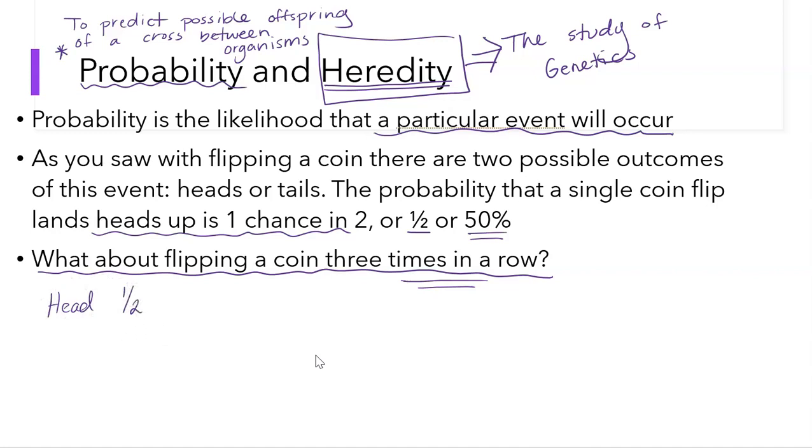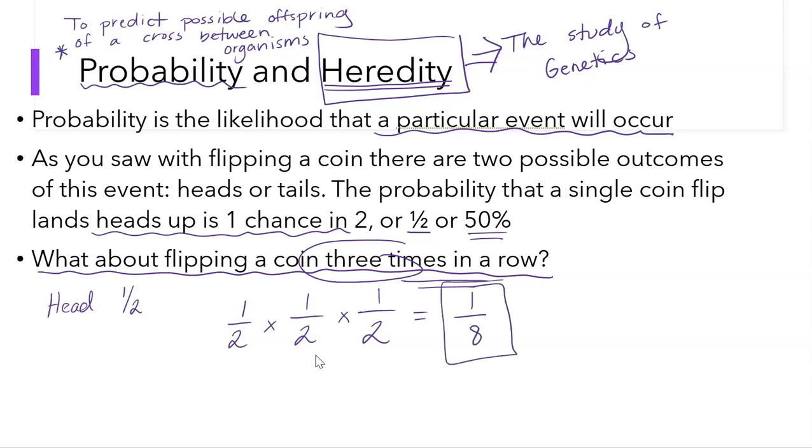They're not correlated. So to figure out 3 times in a row, you do 1/2 times 1/2 times 1/2, because there's a 50% chance for each event, and they are separate events, so the total would be 1/8 chance of getting 3 in a row.